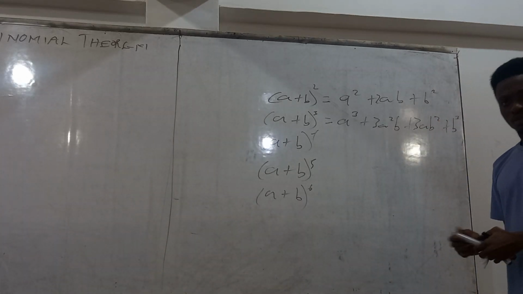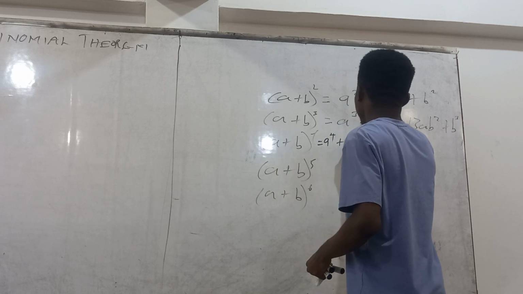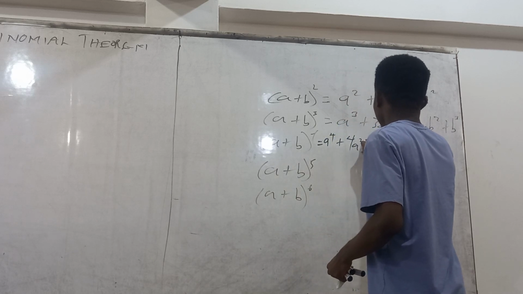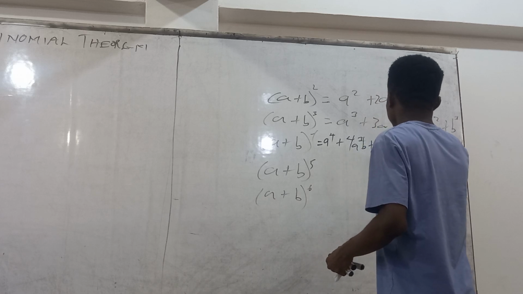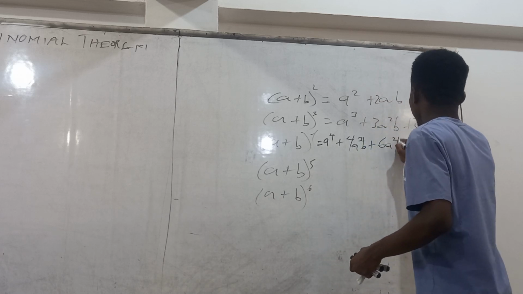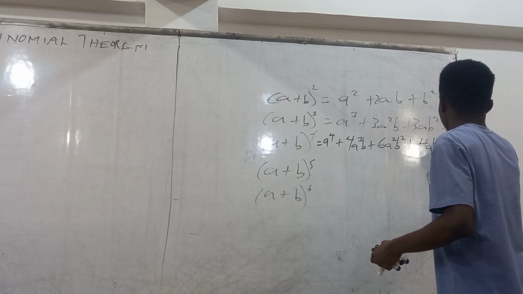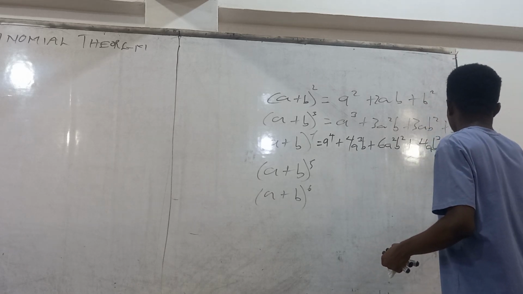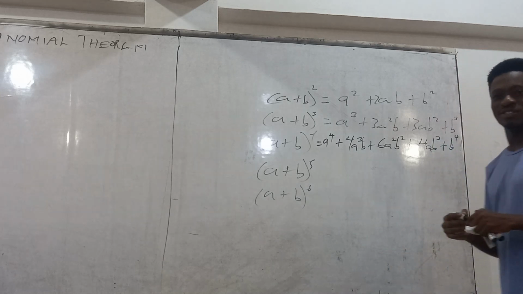And this one becomes a to the power 4 plus 4a cubed b plus what? 6, no, a squared b squared plus 4ab cubed plus b to the power 4.